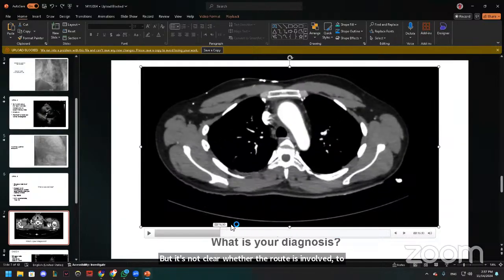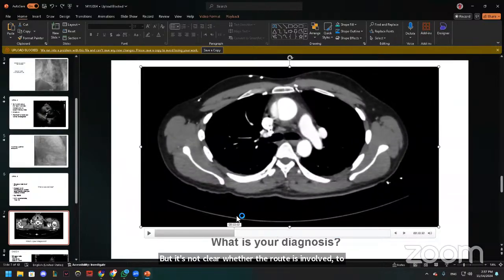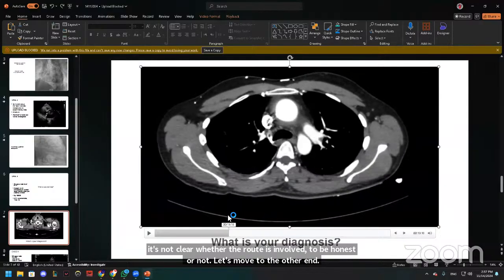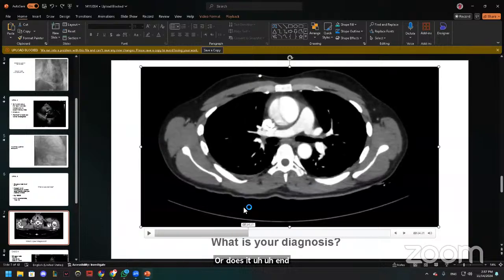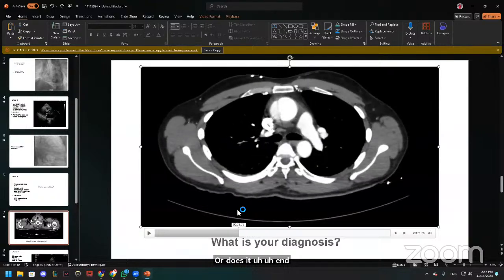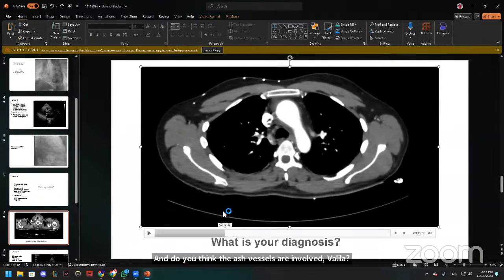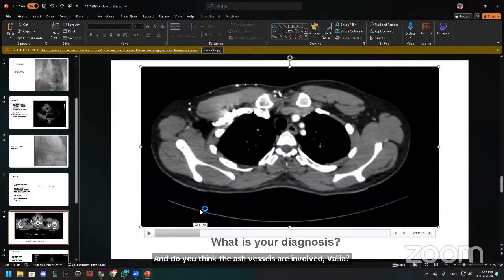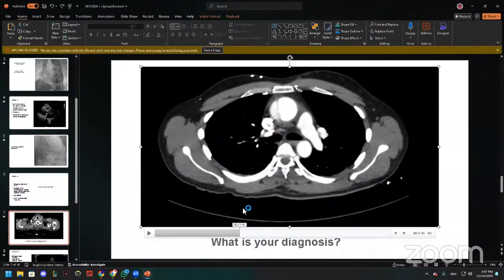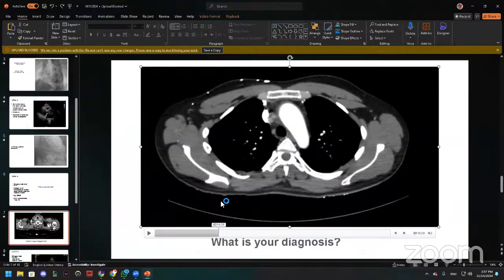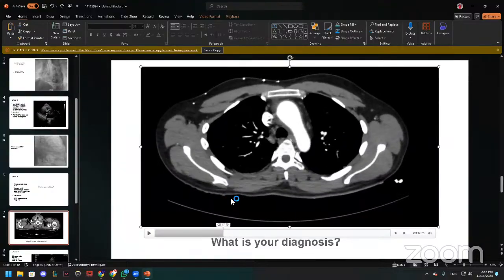Excellent. Let's move to the other end. Where does it end? And do you think the arch vessels are involved or not? I think it ends before involving any arch vessels.